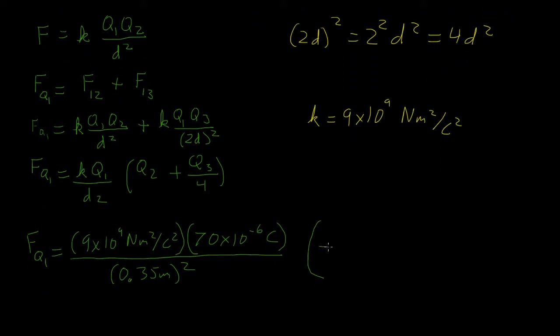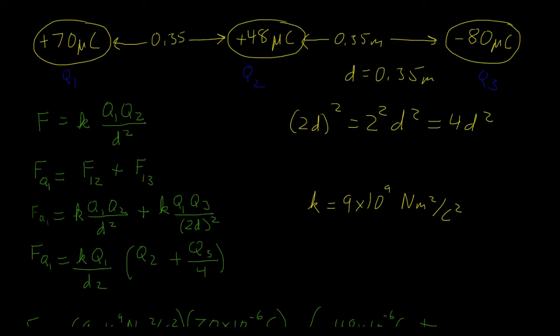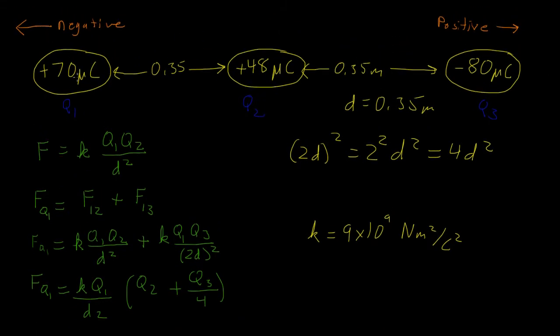So I'm going to do negative 48 times 10 to the negative 6th coulombs plus, and then in this case Q1 is going to want to go to the right because of Q3, and that's the positive direction. So when I plug this in, I'm actually going to plug in positive 80 microcoulombs.